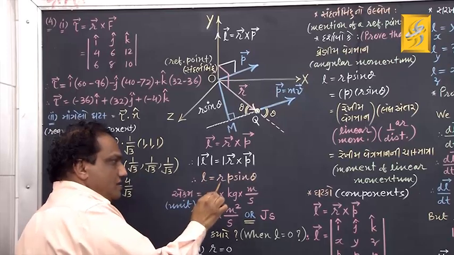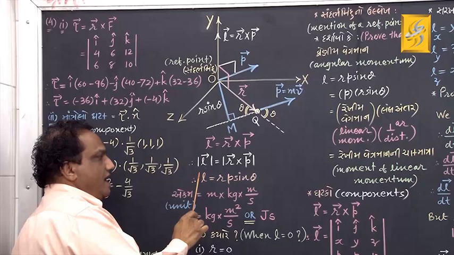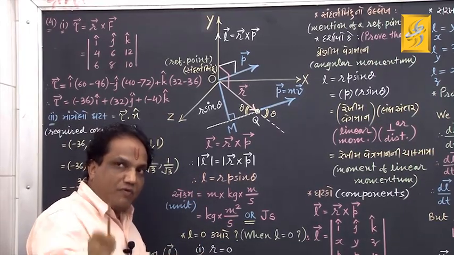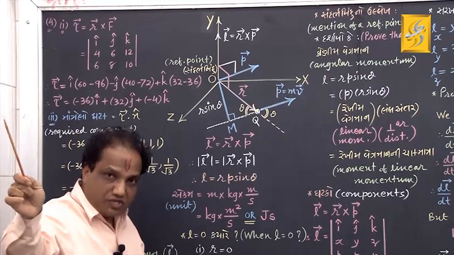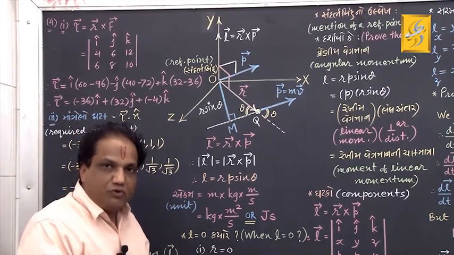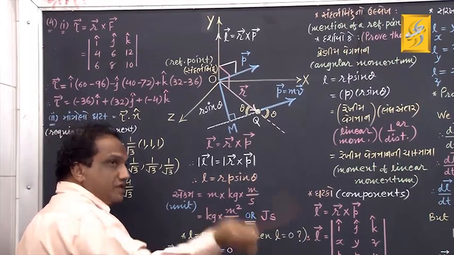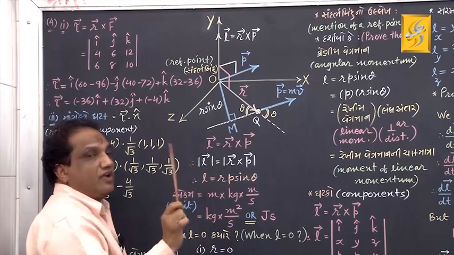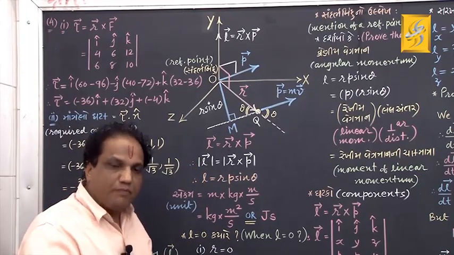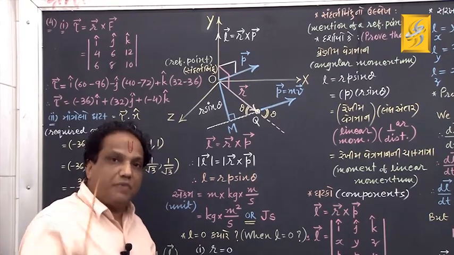So either r or theta or both are changing, and naturally the L value will change. So whenever you say that the angular momentum of a particular particle is this much, you must say with respect to which reference point, because the moment you change the reference point, it will change the value of angular momentum. So while mentioning angular momentum, mention of a reference point is compulsory.